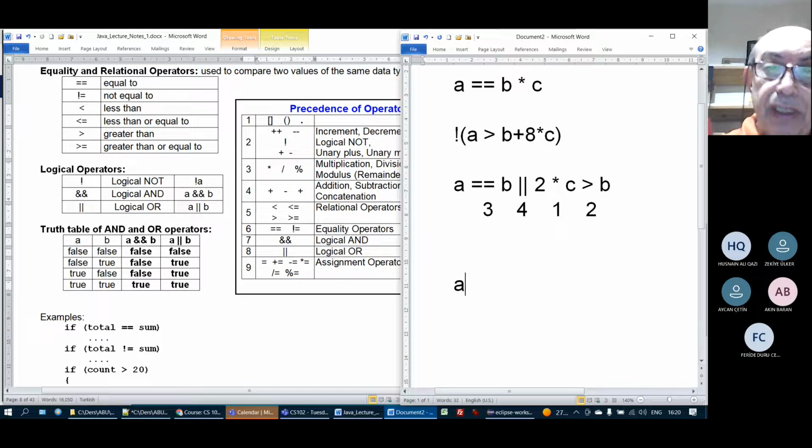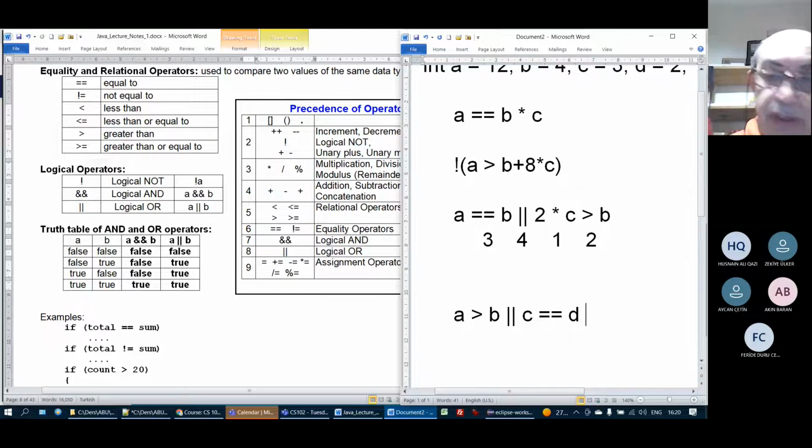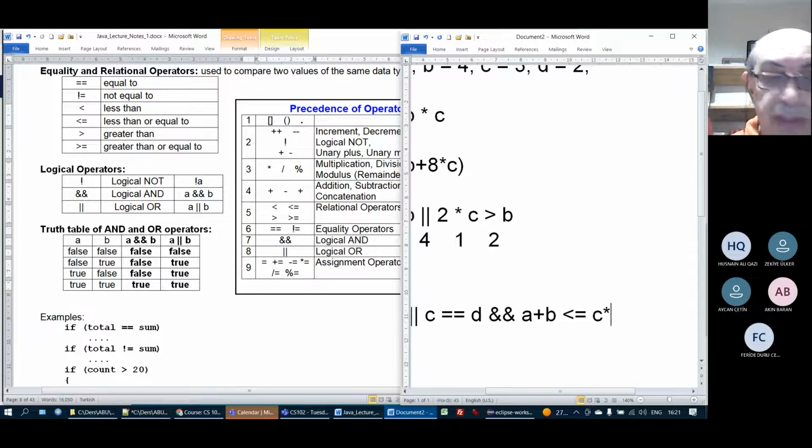For example, A greater than B, let's put here an OR operator, C equal D. Assume that we have also D, etc. D equal to, and then let's have here an AND operator, and A plus B less or equal to C multiplied by D, for example.